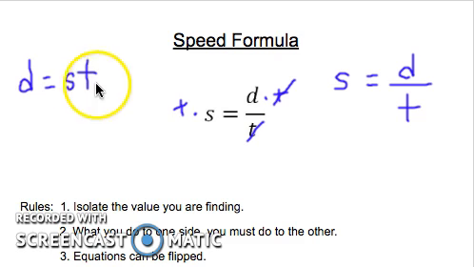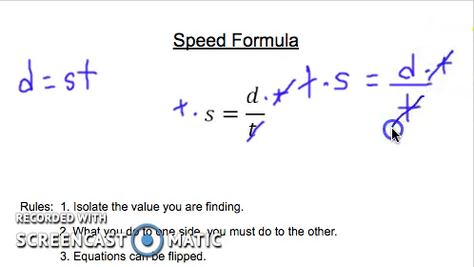Because I know what to do whenever t is next to s here. If I were to move t to the other side, it would be the same exact process we had before. Get the t's out from this side, and then I'm left with t times s equals d. So then I have t in a situation where I can work with it.